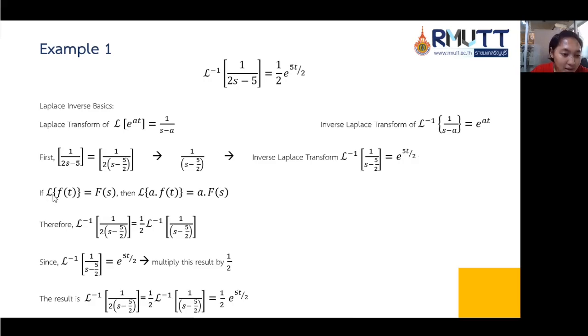Then if the Laplace transform of f of t is equal to F of s, then the Laplace transform of a times f of t is equal to a times F of s. Therefore, the inverse Laplace transform of 1 divided by 2 times s minus 5 divided by 2 is equal to 1 half times the inverse Laplace transform of 1 divided by s minus 5 divided by 2.